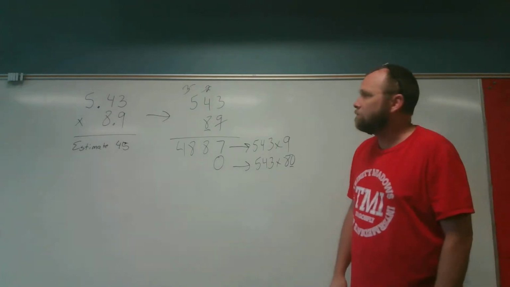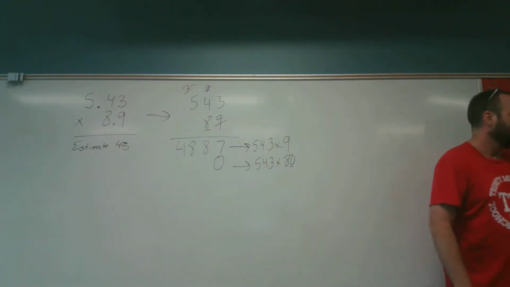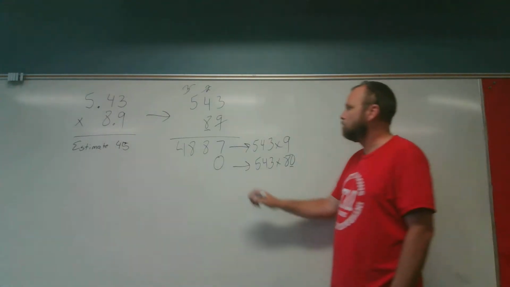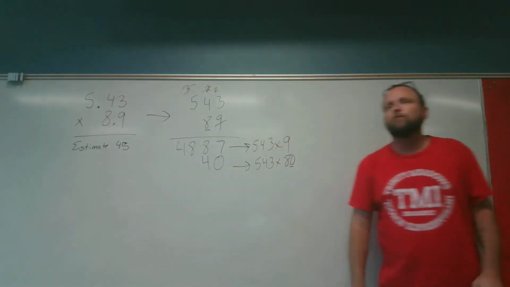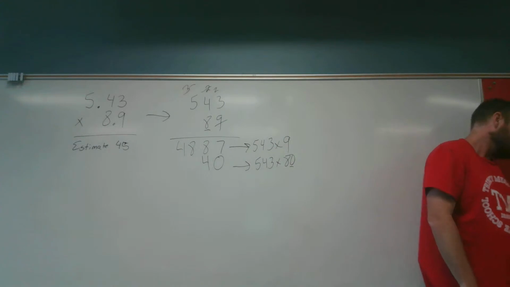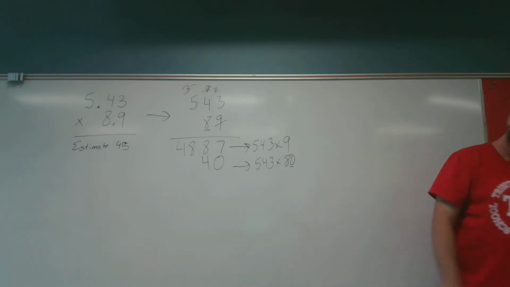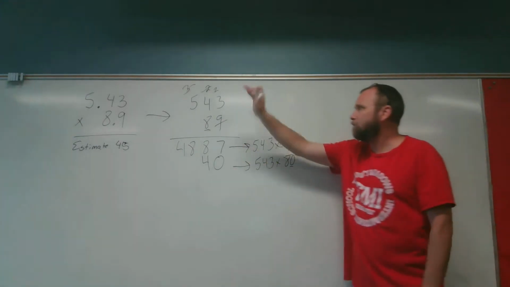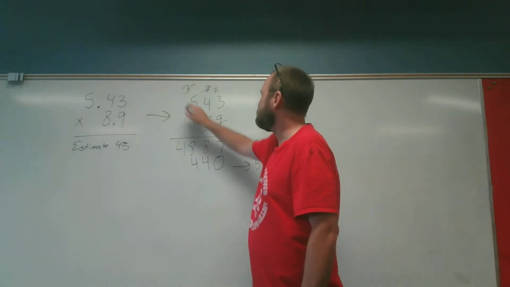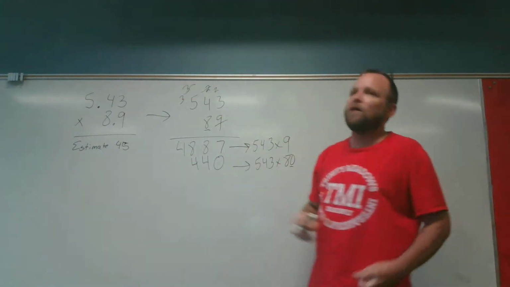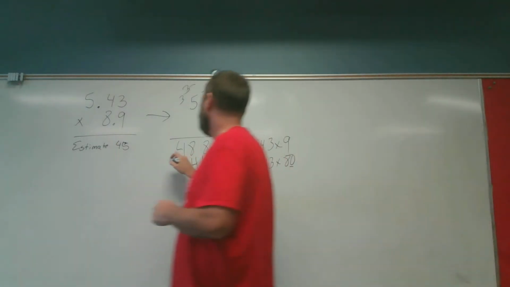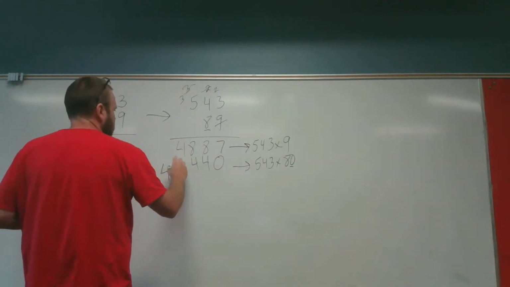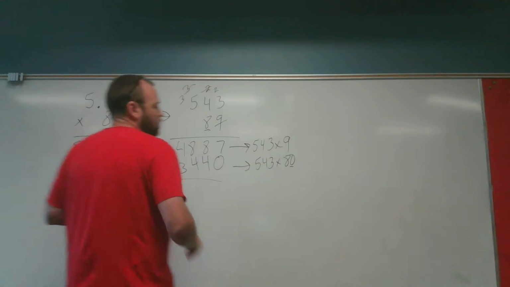So, Paul, 8 times 3 is? 24. Carry my 2. 8 times 4 is? 32 plus 2 is 34. And 8 times 5 plus 3? 43. We add this together.